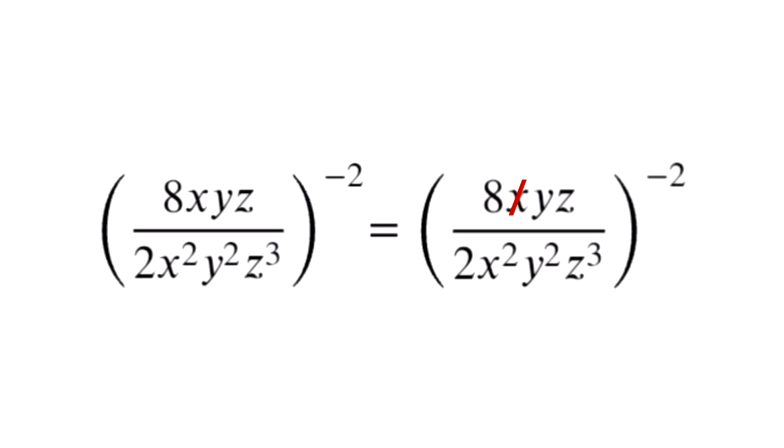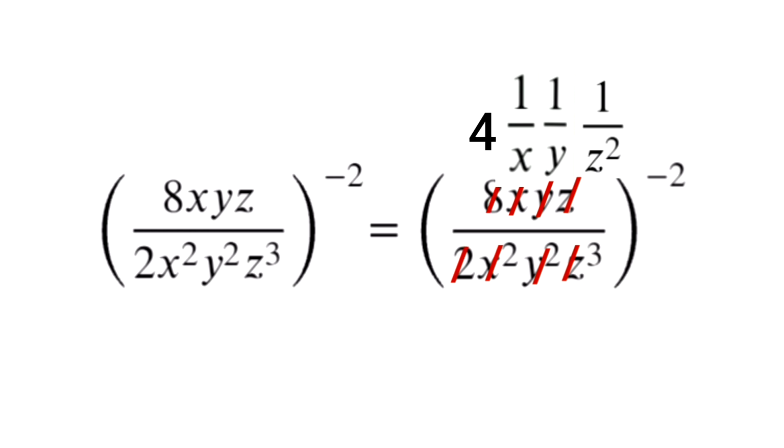So we have here x cancelled with x, so this becomes 1 over x, then y cancel, so this is 1 over y, and g, and the g cubed in the denominator, so this becomes 1 over g squared, and 8 divided by 2 is 4.